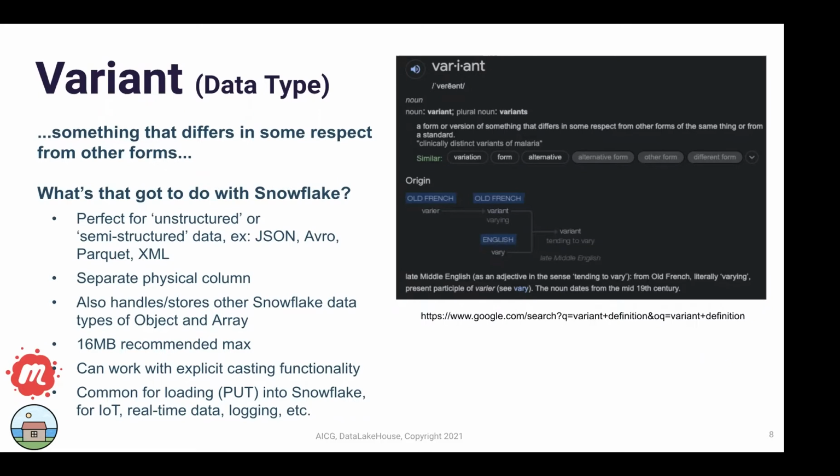Typical formats are JSON, Avro, Parquet, and XML. It's a data type, just like a string, varchar, or integer data type, and it's going to be in its own physical column. So when you're loading any semi-structured or unstructured data, you're typically just going to load it into this one column, called whatever you want to call it, of a variant data type.